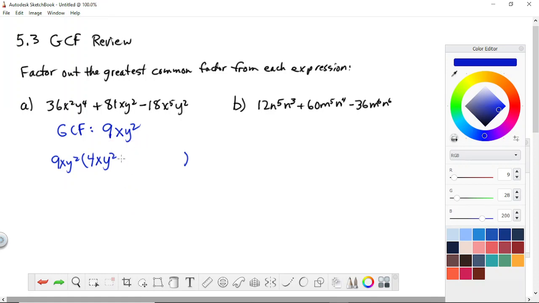Okay, so let's look at the next one. Well, we can look at the number, factor out the 9 from 81, and that leaves 9. 81 divided by 9 is 9. So look at the x's. Oh, x divided by x. That's just 1, or the x goes away, cancels out when we divide that. So we've factored out the only x.